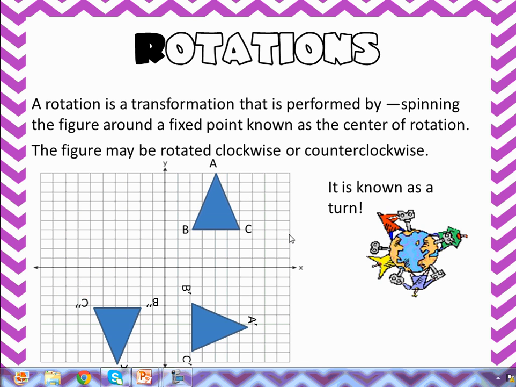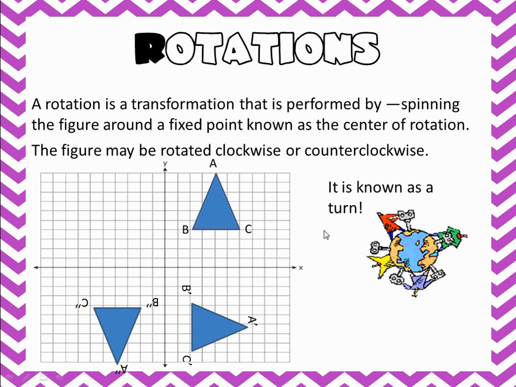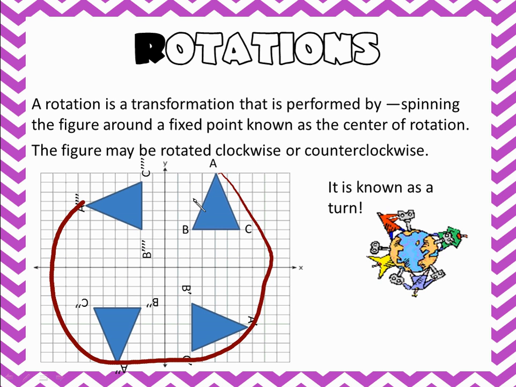And another rotation that we will learn in the 8th grade would be a 270-degree rotation. Again, starting with our original figure or our pre-image, if I go all the way around to this area for quadrant 4, I have gone 270 degrees clockwise.